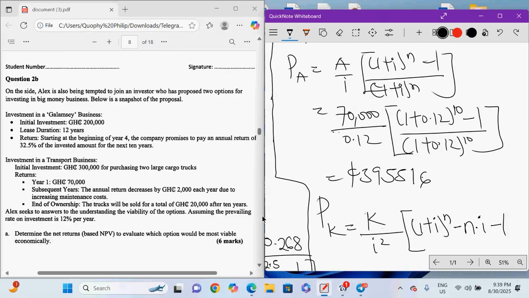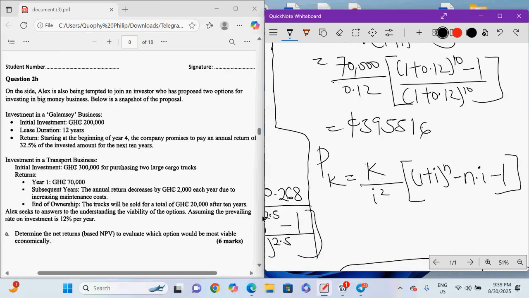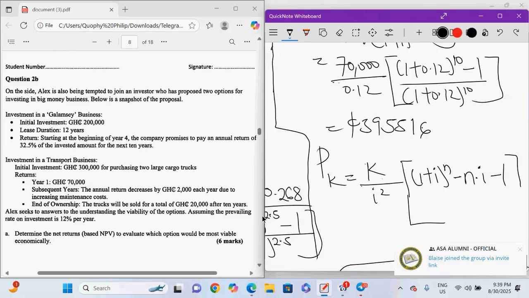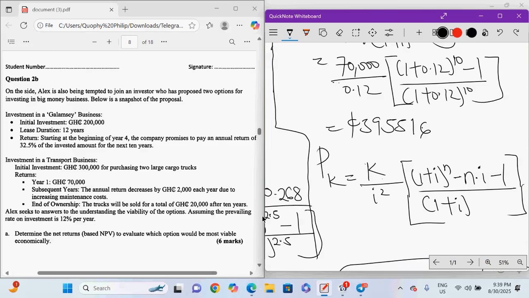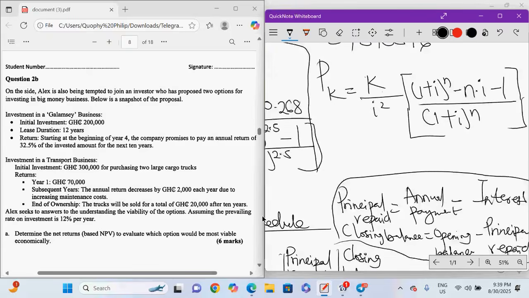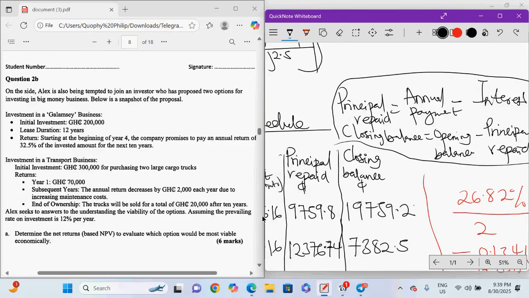Okay, then all over what? All over 1 plus I to the n, right? I believe this is the formula for the gradient.